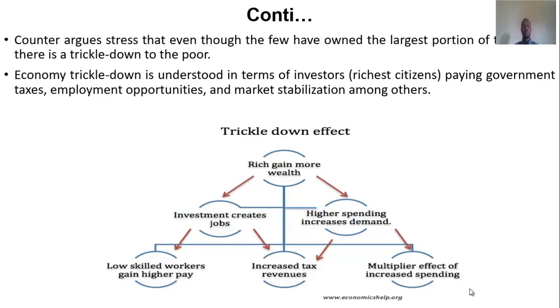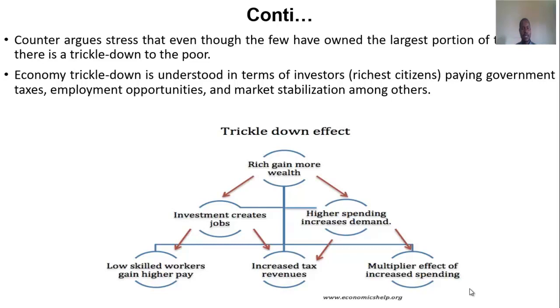Therefore, the point is that as far as economic trickle down is there, the control of the resources of the country by few individuals is not the problem. It's an argument, and it makes sense.